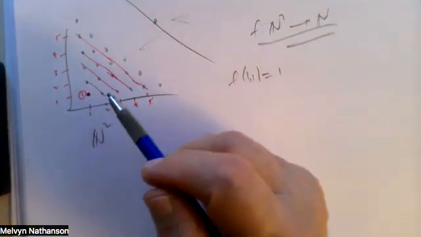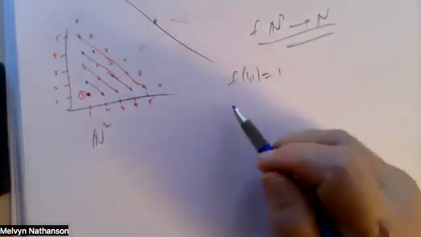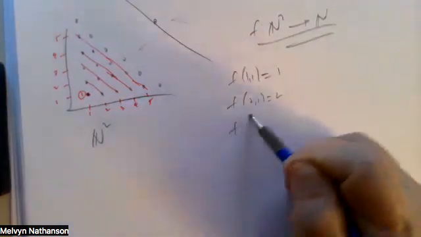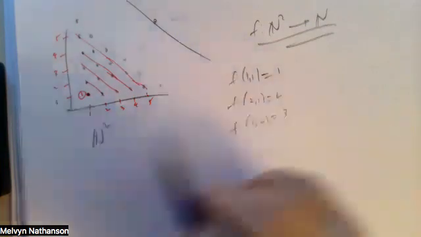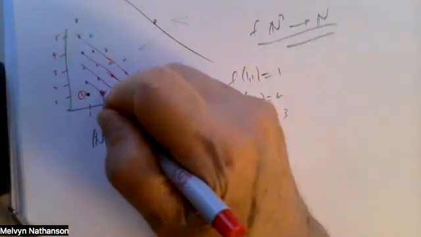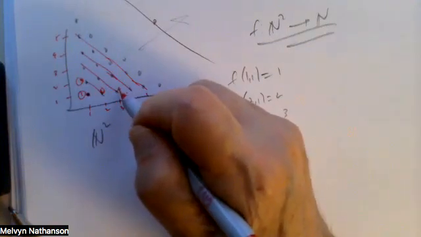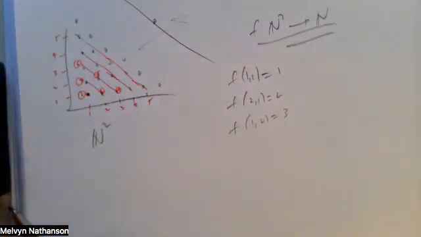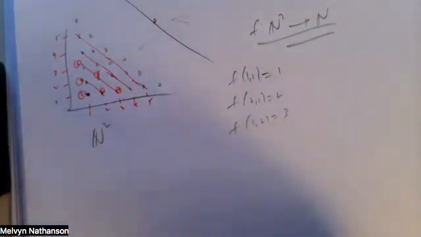This is 2, 1, and this is 1, 2. So maybe f of 2, 1 is 2, and f of 1, 2 is 3. I'm sending this to 2 and this to 3. And I'm going to send this to 4, 5, and 6, and so on. And I just enumerate the points that way.